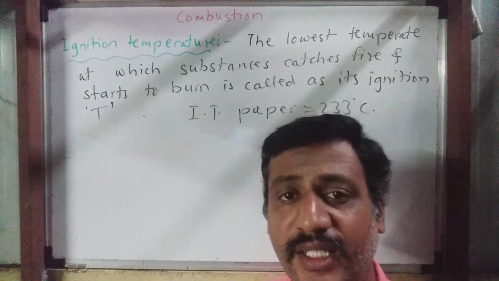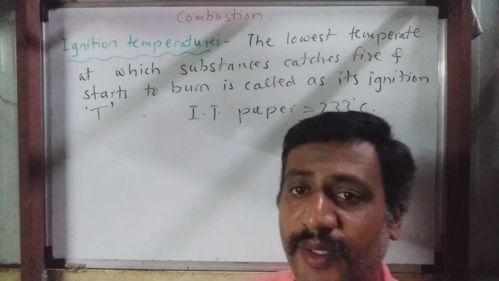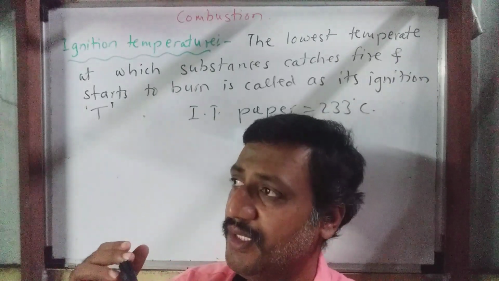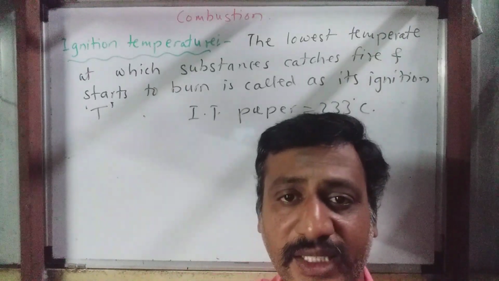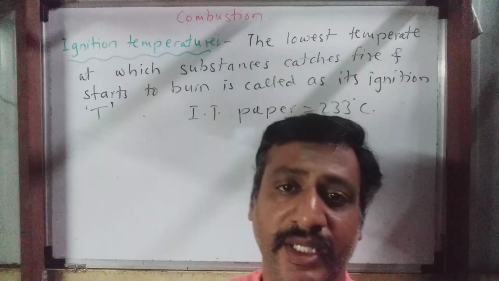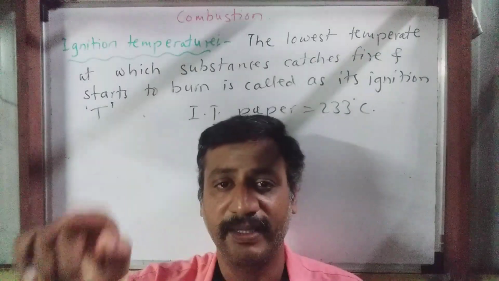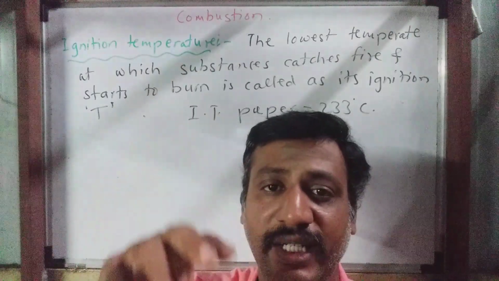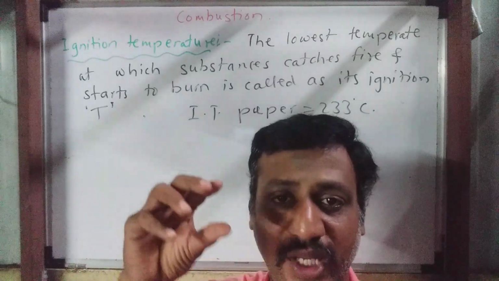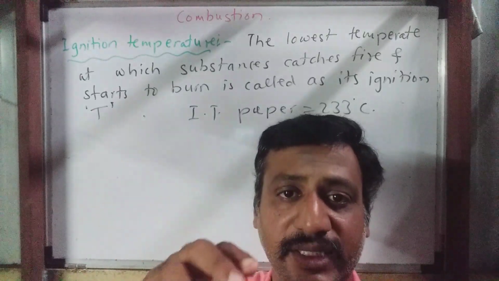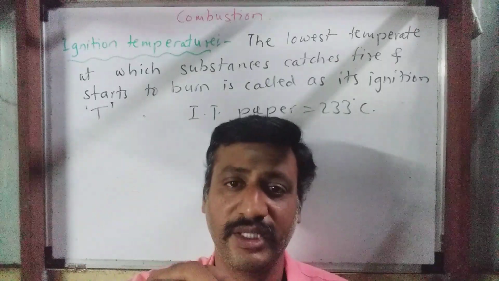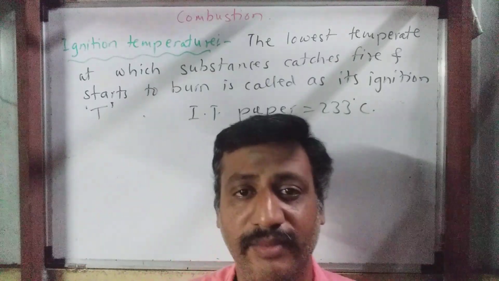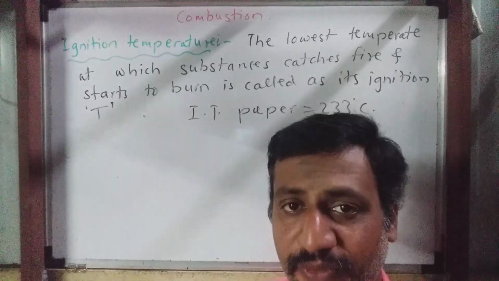Tell me, is the paper going to burn by the energy obtained from a tube light? Ordinary light is not going to bring about combustion of the paper. We know that with a lens, if we concentrate solar radiation, the solar energy gets concentrated and we can bring about combustion of the paper, but that's a different story.